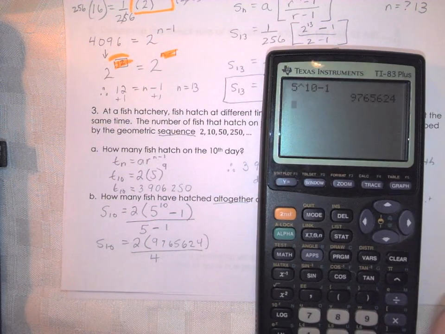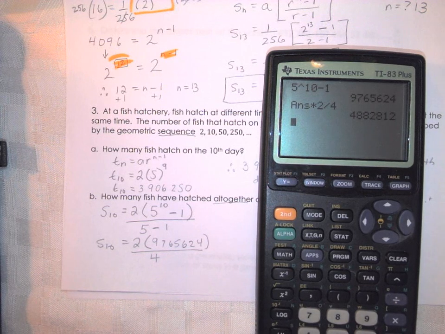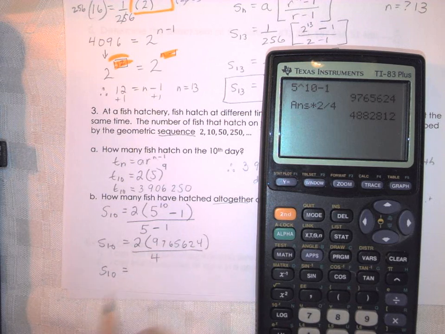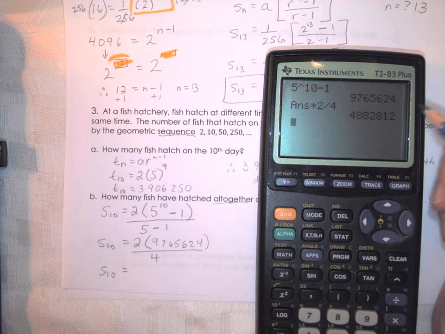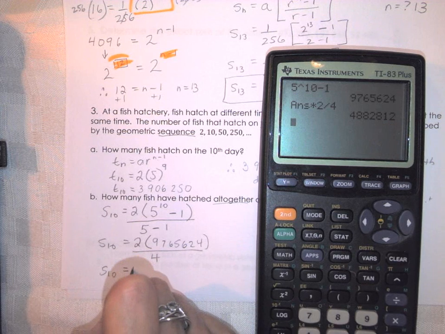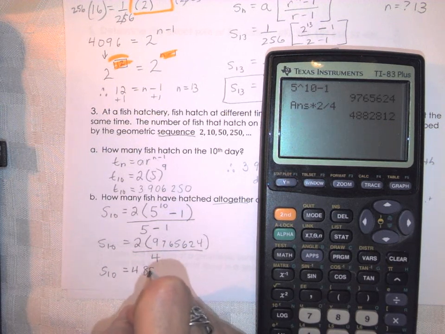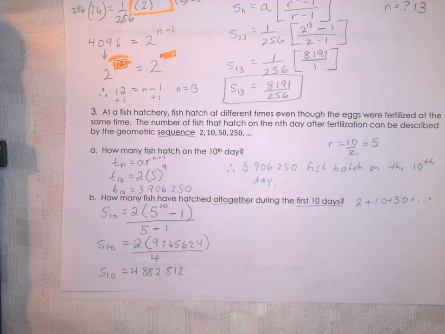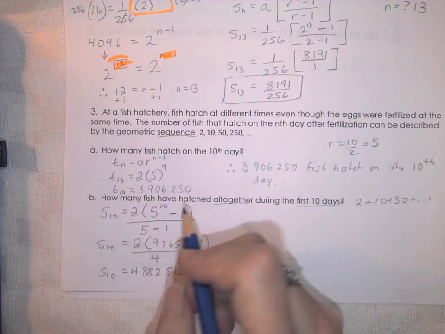So I'm going to take that number, multiply by 2, divide by 4. Especially in a word problem, if you end up having to round an answer, that's usually fine. But this one works out perfectly. So that's 4,882,812 fish hatch over the first 10 days.